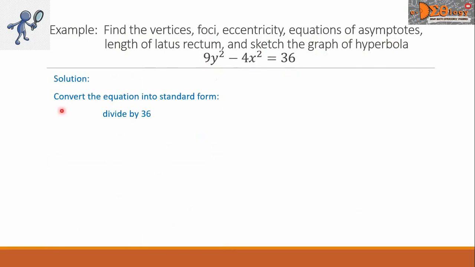First, let us convert this equation into standard form. It means the right side must be equal to 1. So let us divide this equation by 36. So this is now the hyperbola in standard form. y squared over 4 minus x squared over 9 equals 1.